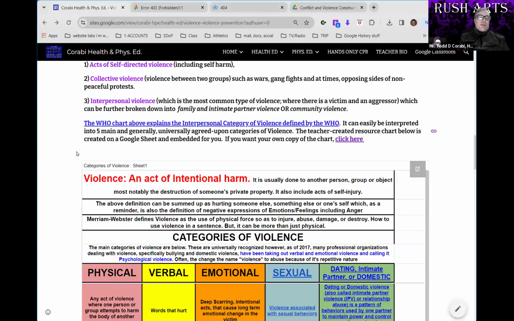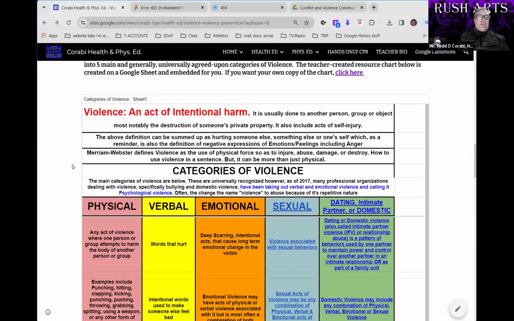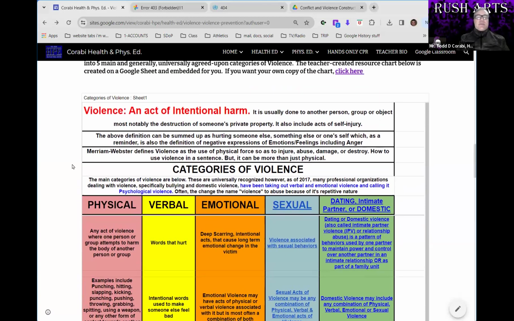In any case, moving right along, this spreadsheet is basically a review of a middle school activity. If you had health education in the School District of Philadelphia at some point in probably sixth grade, you were given categories of violence, and you were given a definition of violence, probably from a Glencoe health textbook, that said an act of intentional harm usually done to another person, group, or object. The reason it says usually is because they do include acts of self-harm as violence.